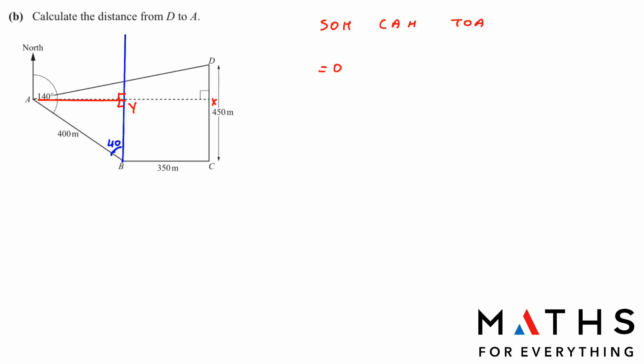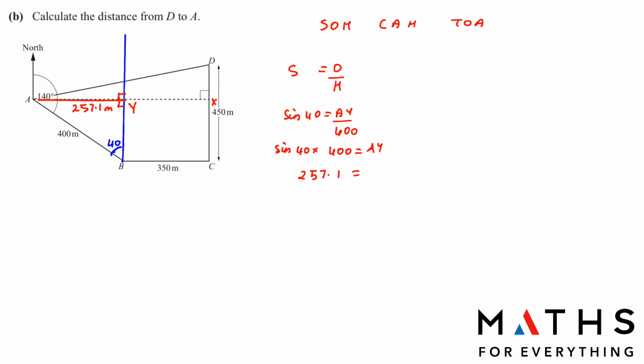And the side opposite the right angle is your hypotenuse. So we have the hypotenuse. It means we are going to use sine. Sine 40 is equal to opposite, which is AY, over hypotenuse, which is 400. Cross it to the other side, it will become multiply. This is our AY, 257.1 meters.